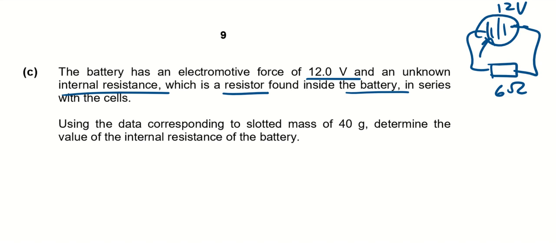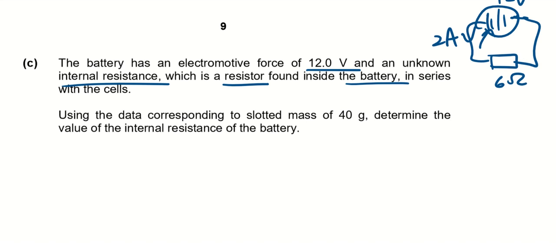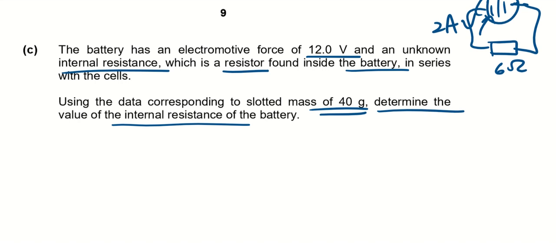There is, but for our DC circuit we are just there to analyze the circuit, so I can just say that the current is 2 ampere. But for this case, there's actually an internal resistor, so we need to take note of it because they want us to determine the value of the internal resistance. However, they want us to use the data corresponding to the slotted mass of 40 grams. So let's look at how we can do this question.